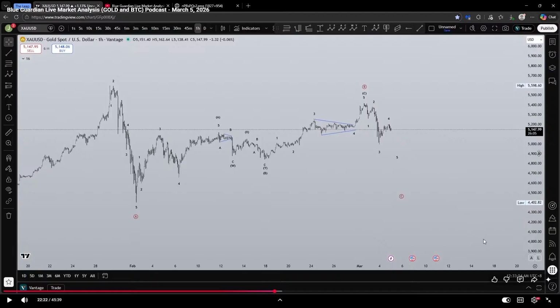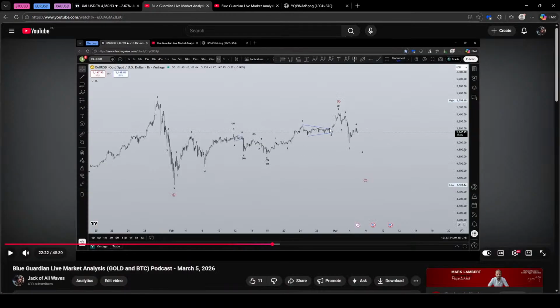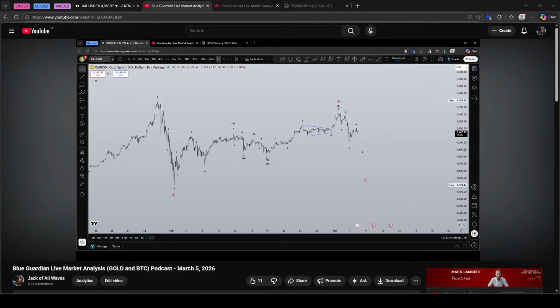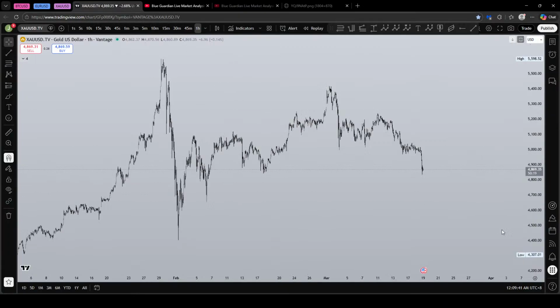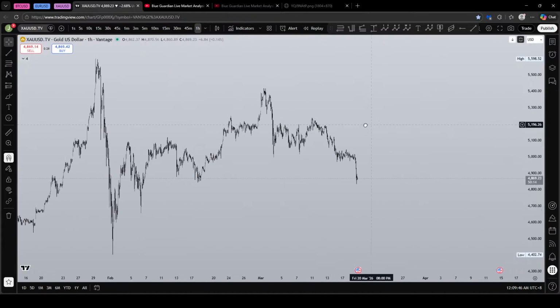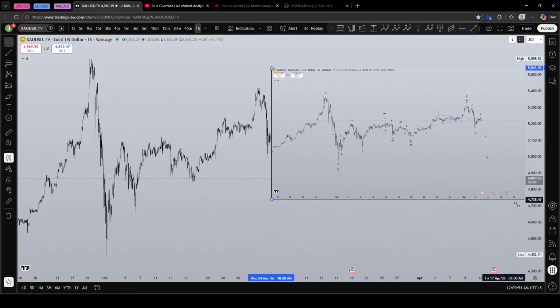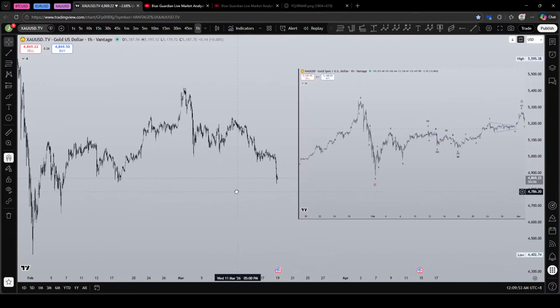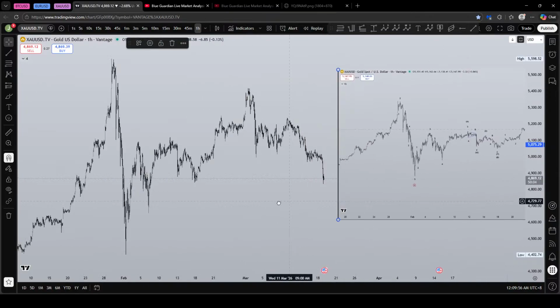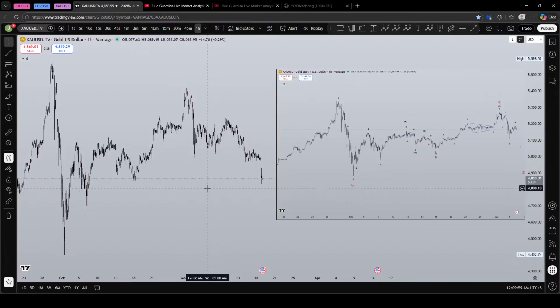So allow me to take a screenshot of this first and then paste it on my current chart. So here's the current chart of gold. Allow me to paste this one for comparison purposes, and then allow me to replicate it as well so that you will be guided with how I counted the waves using Elliott wave theory.